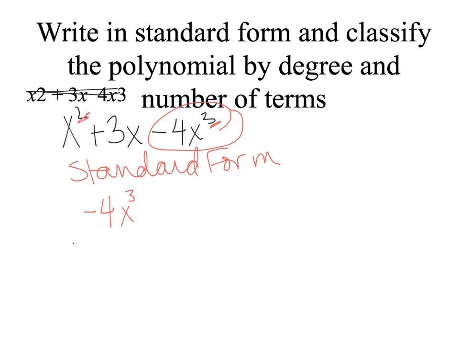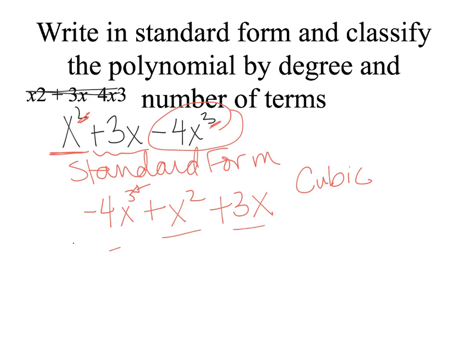The next highest exponent is the squared, so because there's no positive or negative in front of it, it's going to be a plus x squared. And then the last term is the plus 3x. So since my highest exponent is a 3, then this is going to be a cubic. And then it's got 3 terms, so it's a trinomial.